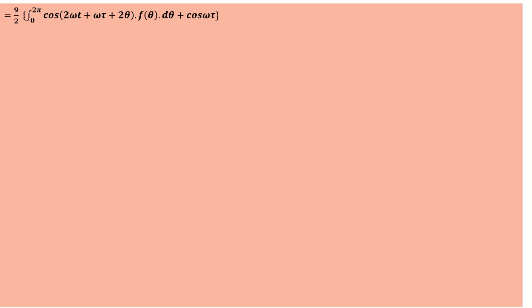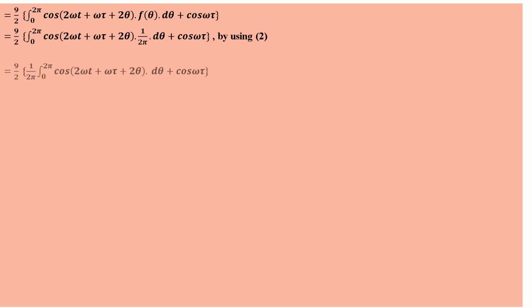Here instead of x we are having cos(2ωt + ωτ + 2θ). So the integral limit is 0 to 2π: 9 by 2, integral 0 to 2π of cos(2ωt + ωτ + 2θ) into the PDF f of θ, which is 1 by 2π, into dθ. Second term as it is, cos ωτ.